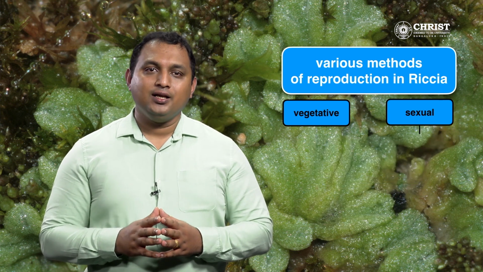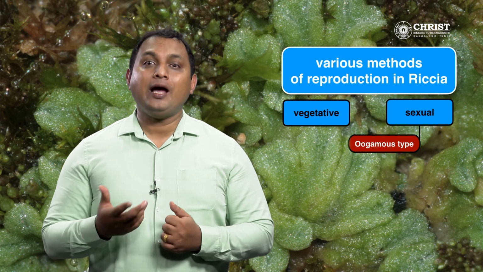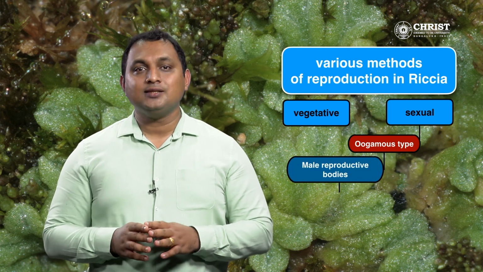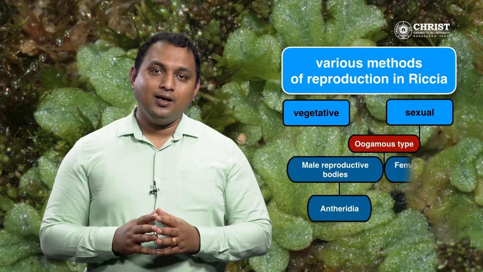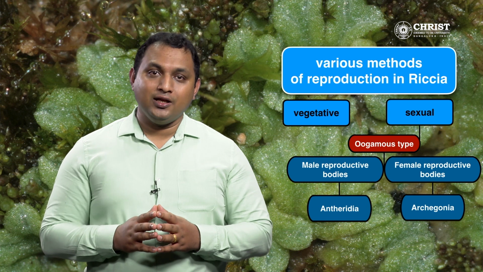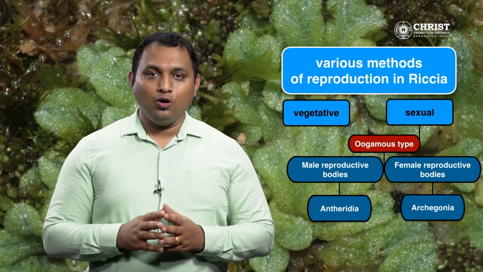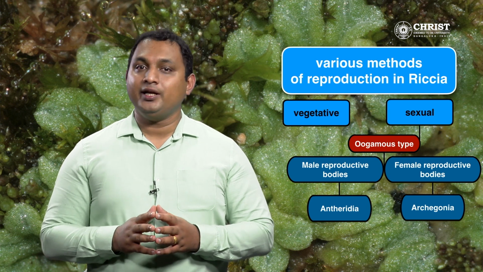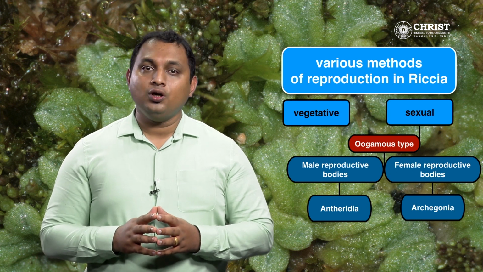Sexual reproduction in Riccia is oogamous type. Here male reproductive bodies are known as antheridia and female are archegonia. Antheridia and archegonia remain enclosed within antheridial and archegonial chambers and develop on the dorsal surface of the thallus.